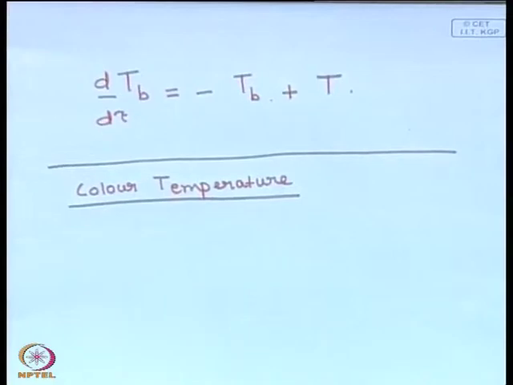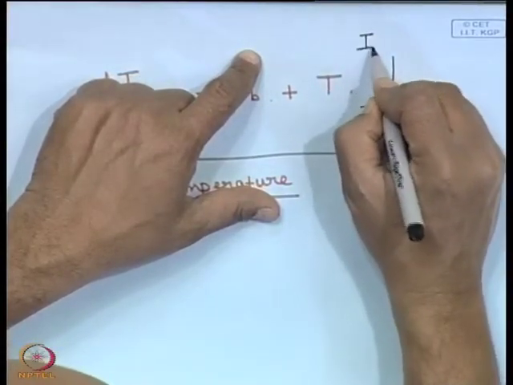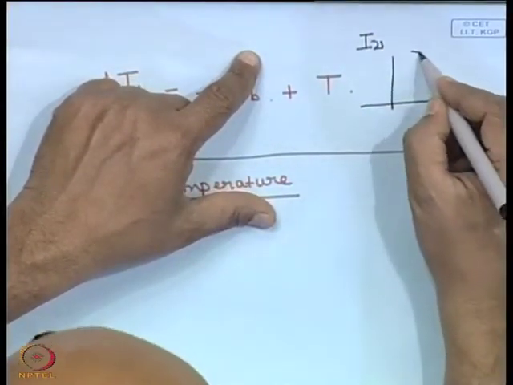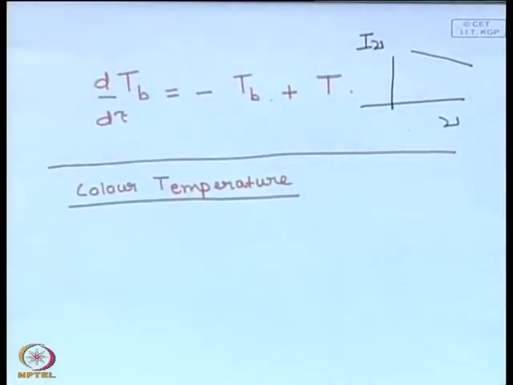Okay. Now, just before finishing the brightness temperature, the brightness temperature is used for any arbitrary radiation. I just equate it to the Planck spectrum at that value and find the temperature. Let us consider a hypothetical situation where I measure I nu from some source which looks like this. This is obviously not a black body spectrum.